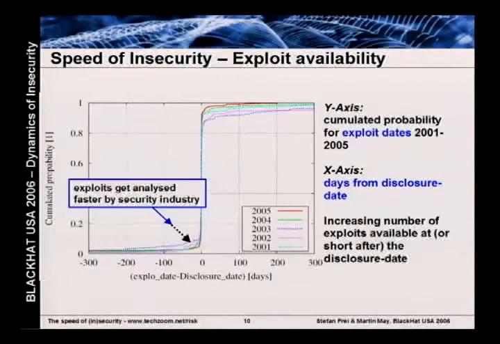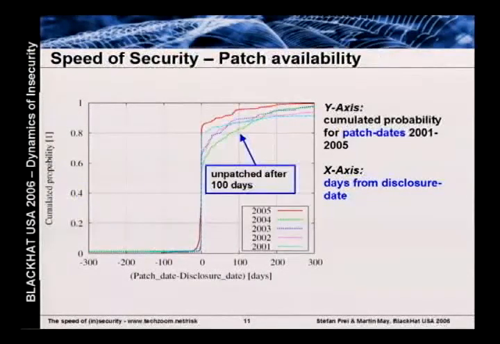So we can compare this to the speed of security. The speed of security is, for our research here, how fast are patches made available. If you see this curve, we see that most patches are made available around the disclosure date. It depends on the year; we have a big difference here.